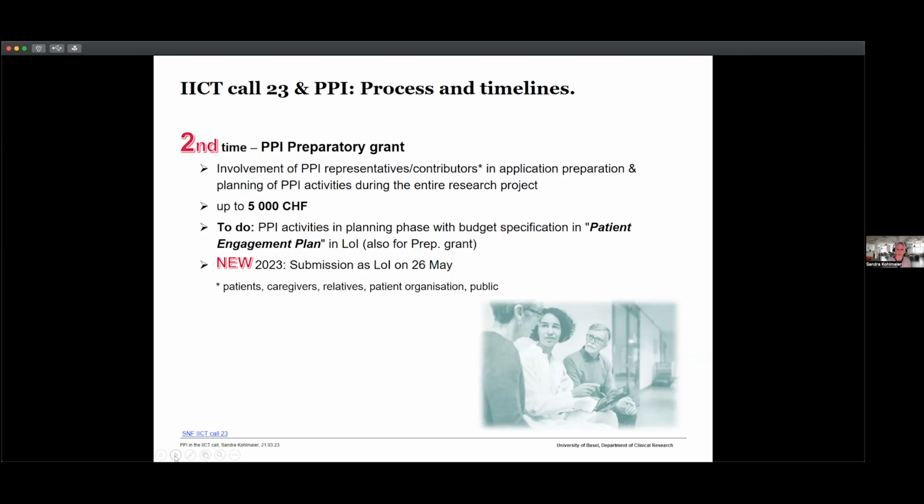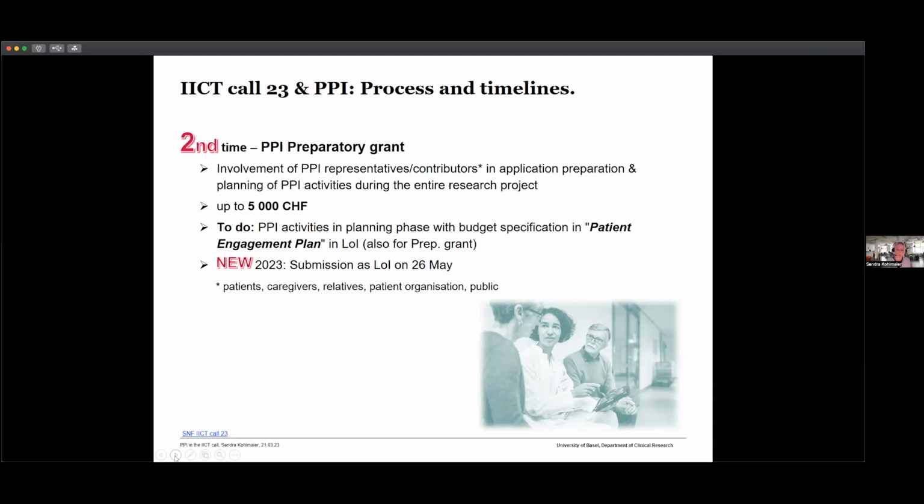So in the preparation of your full proposal, which you have to submit the 1st of November. And in this phase, if you do involve PPI contributors, then you can have a preparatory grant. There you can, of course, prepare your application, but it is also for the planning of PPI activities later on during the entire research project.